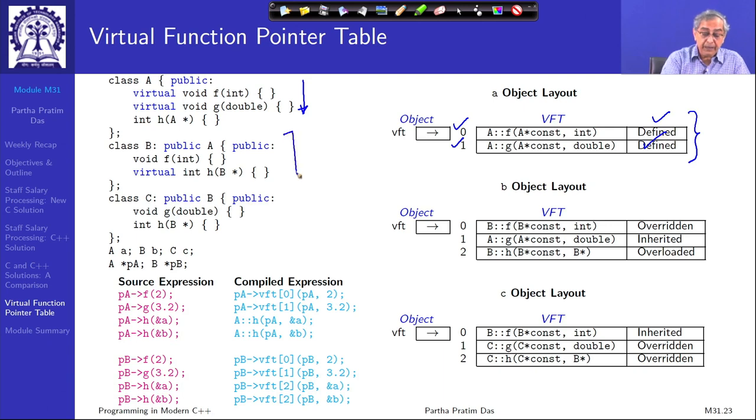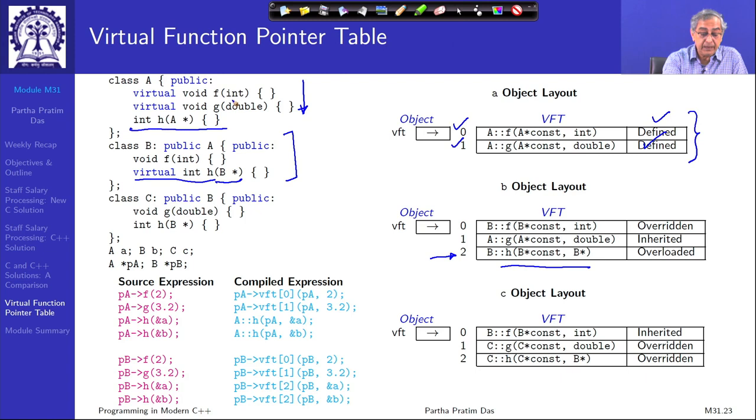When you come to B, note that in A, H does not make it to the virtual function table, because it is not virtual. But in B you have made it virtual. So, in B this comes in location 2, where I have this H function which takes a B star as an argument. So, what have I got?